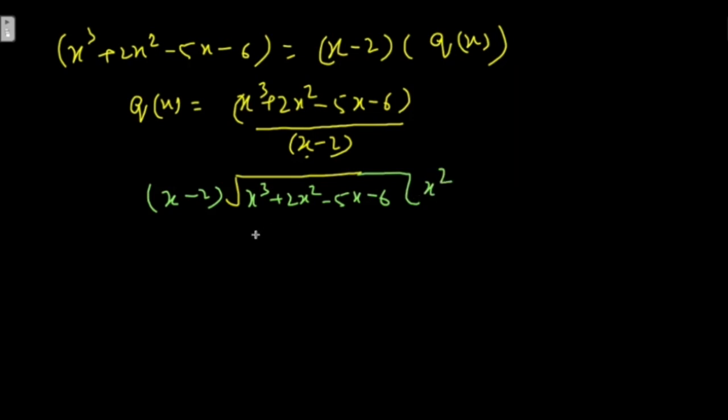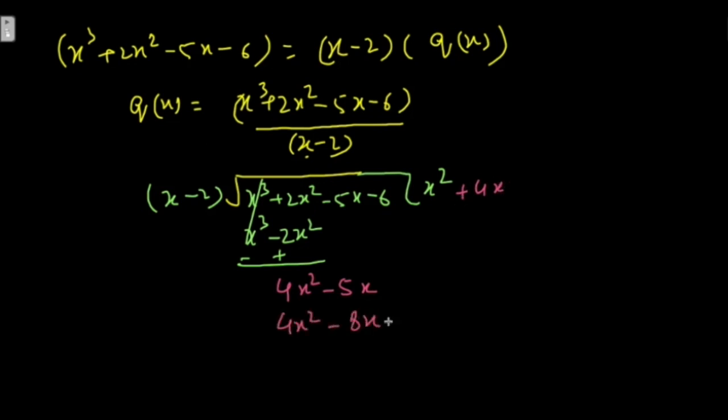This times x square gives us x cube minus 2x square. This x cube gets cancelled with x cube, giving us 4x square here minus 5x. So x minus 2 gets multiplied by 4x, giving us 4x square here minus 8x.